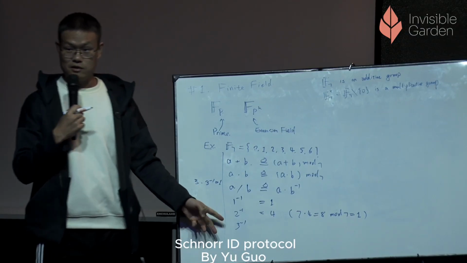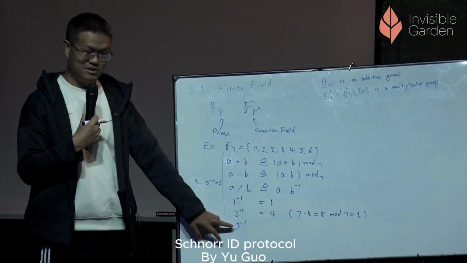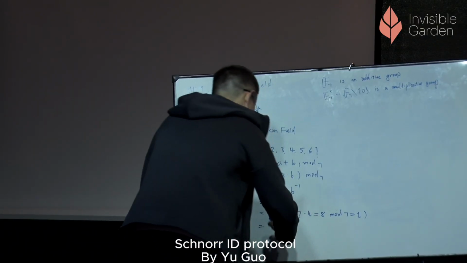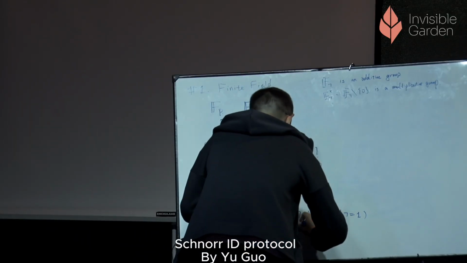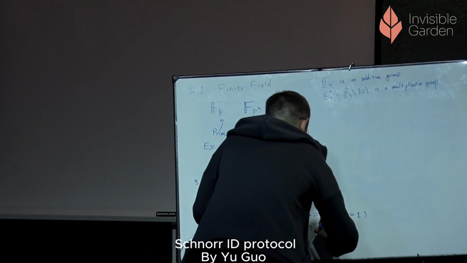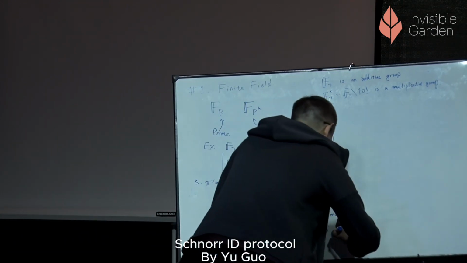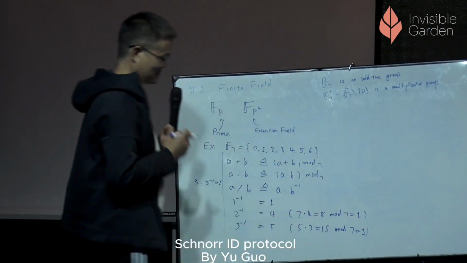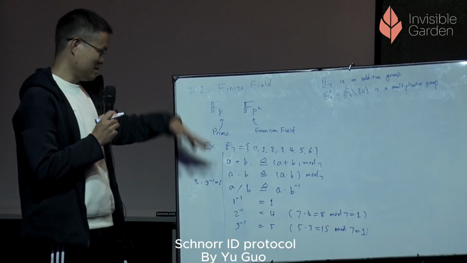Anyone can give me the quick answer? 5? Right. We can do a quick verification: 5 times 3 equals 15, and mod 7 equals 1. Yes.